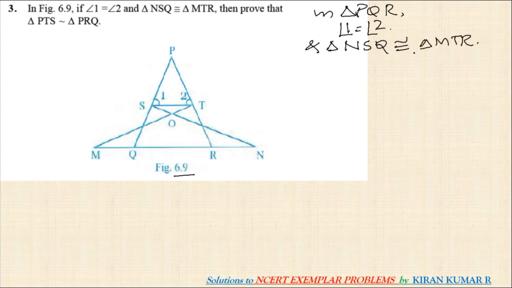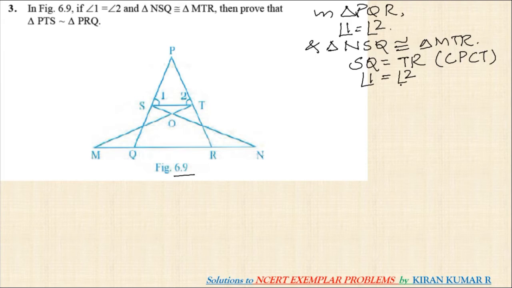Whenever the two triangles are congruent, their corresponding parts are equal, we can say that SQ will be equal to TR, angle 1 will be equal to angle 2, and the reason for SQ equal to TR is it is CPCT, corresponding parts of congruent triangles are equal.